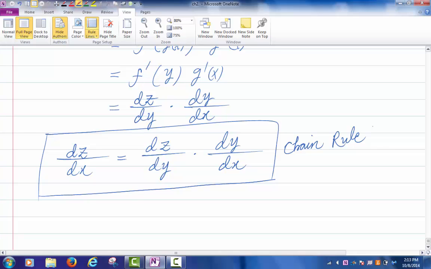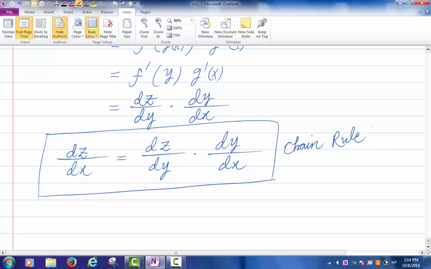So maybe you have a direct formula for z in terms of y, and you can find the derivative of y with respect to x. Let's say you can find the rate of y with respect to x and the rate of z with respect to y separately, but you cannot find the rate of z with respect to x directly for some reason. So you can use this to find the rate of z with respect to x. Am I making sense?